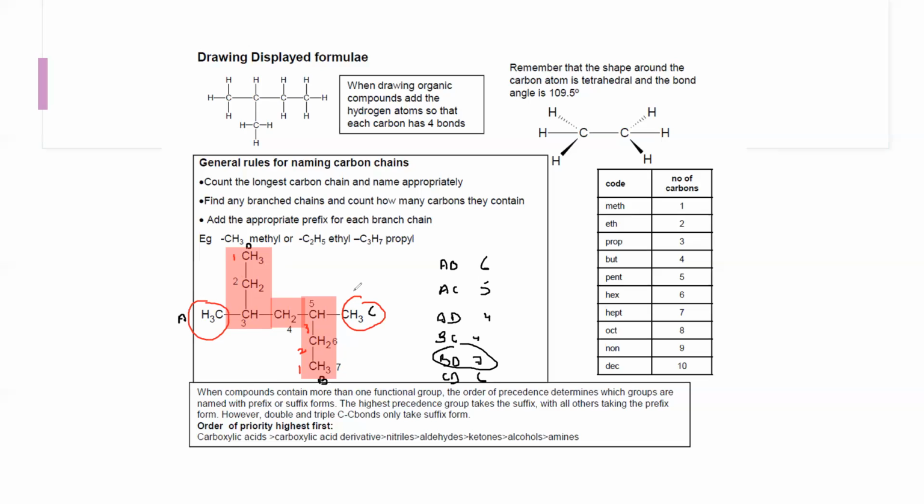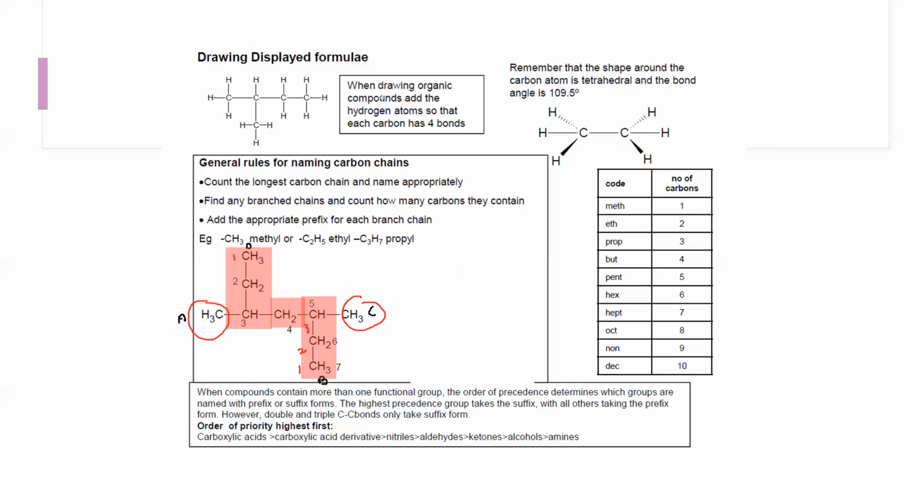So in both cases, the branch is coming at 3. Even if I start numbering from B or from D, it does not make a difference to the name. That's why I can follow any numbering, I'll get the same answer. So how do we name this? First, we mention the position of the branch.